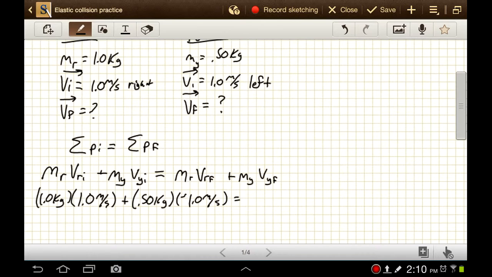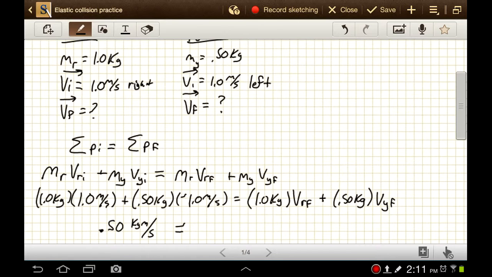Set that equal to 1.0 kilograms times the velocity of the red one final, plus 0.50 kilograms times the velocity of the yellow final. Over here when I calculate this, I've got 1 times 1 is just a positive 1. 0.5 times negative 1 is a negative 0.5, so on the left side I end up with 1 plus a negative 0.5, or just a positive 0.5 kilogram meters per second.